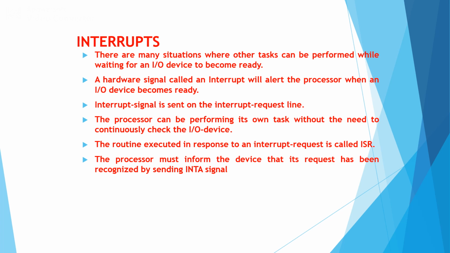This is done by sending a special hardware signal to the processor called an interrupt. In program controlled IO, the processor checks the status of the IO devices in a wait loop, so the processor is simply wasting time.